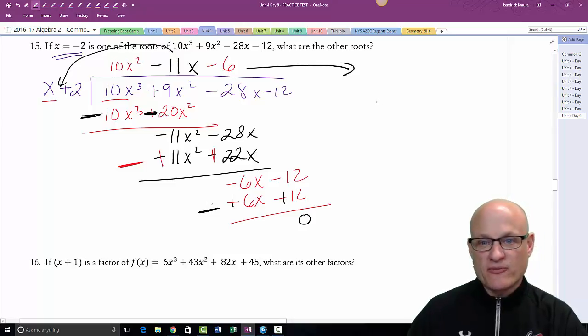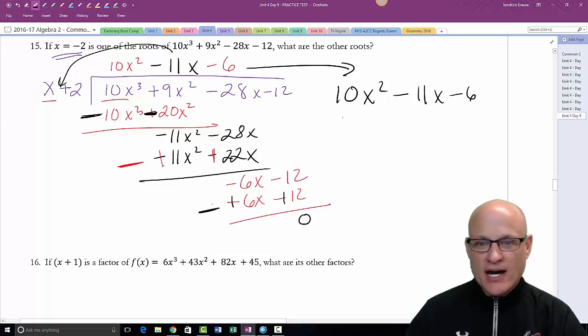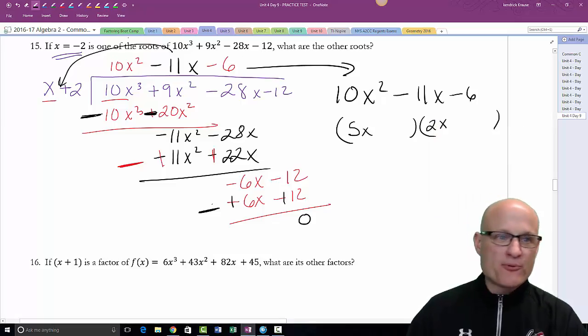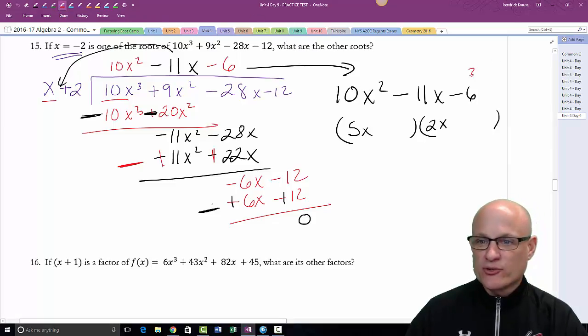But this has to be factored over here. Don't forget to do that: 10x squared minus 11x minus 6, if they ask. All right. Not the greatest factoring. I'm going to guess it's probably 5x and 2x. And with this one, I'm probably going to guess that it's 3 and 2. And since I can't put the 2 here, I'll put the 3 here and the 2 here.